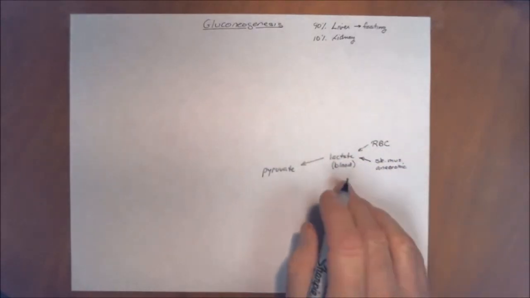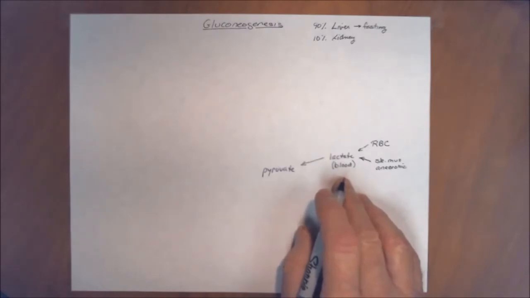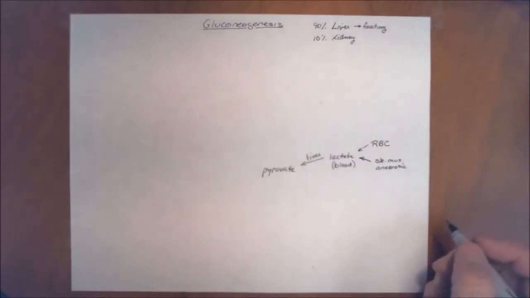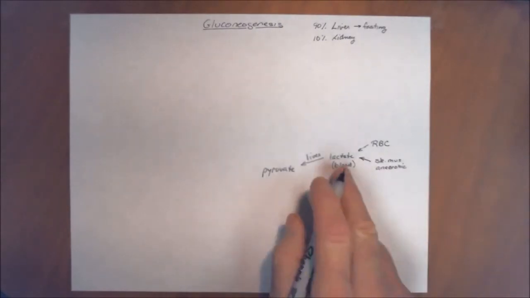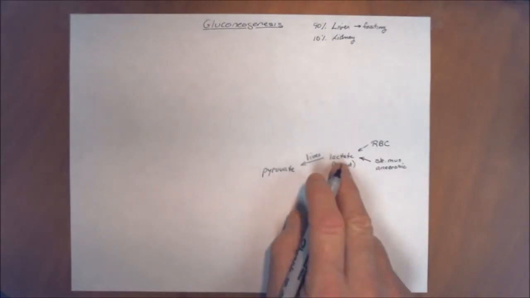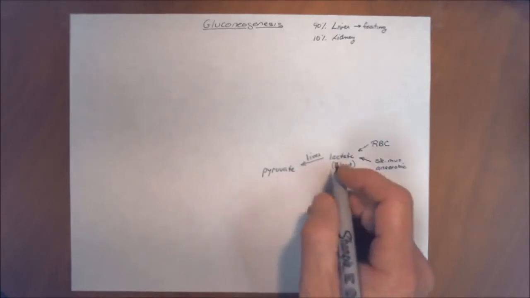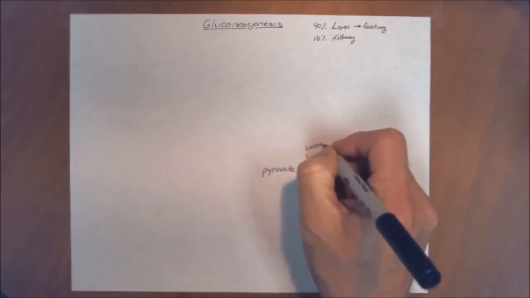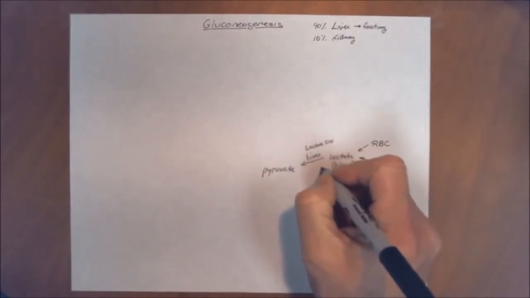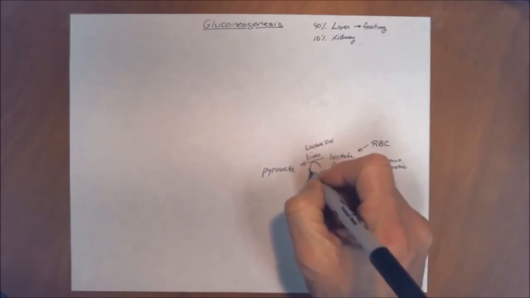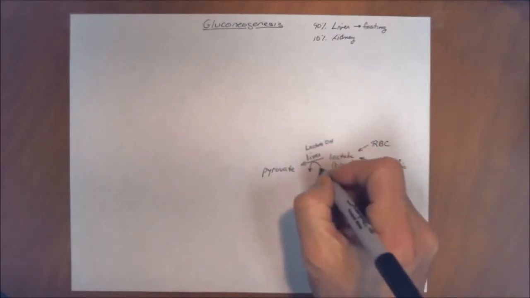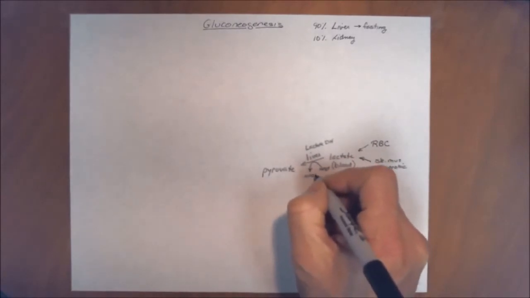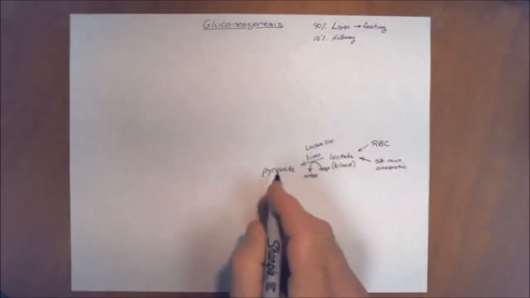Once the lactate enters the circulation, it arrives at the liver, and the liver specifically has anion transporters to take up small acid molecules like lactate. The lactate is then converted by lactate dehydrogenase in the liver, in the cytoplasm, and this converts NAD to NADH and results in pyruvate.